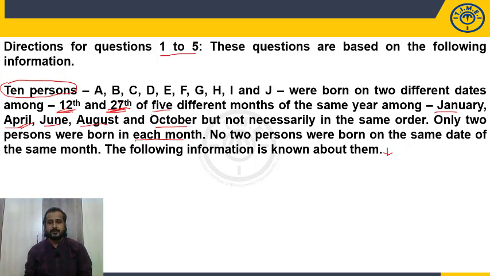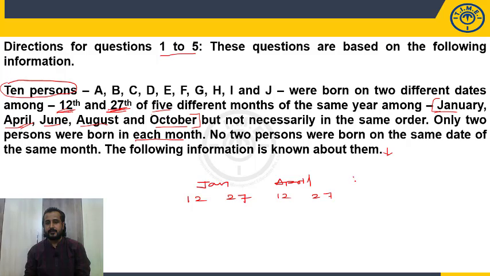So what will be the basic structure for this kind of questions? January. And what are the dates given? 12th and 27th. I'm freezing the months because the months are of the same year. Months are following a definite sequence. So we have to freeze the months. After that, April, 12th and 27th, third and fourth persons.